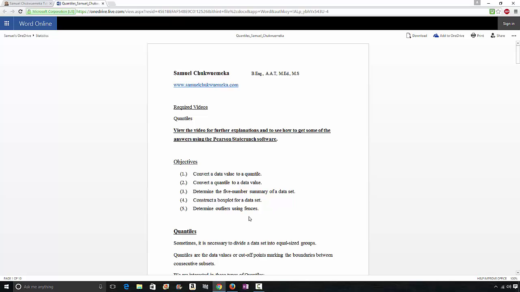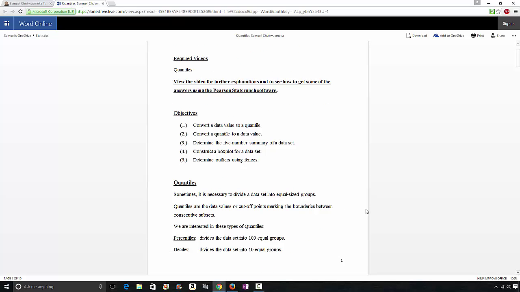Some textbooks call it a box plot, some call it a box and whisker plot. It means the same thing. So we shall construct box plots for a data set, and we shall talk about outliers. We shall determine outliers using fences.